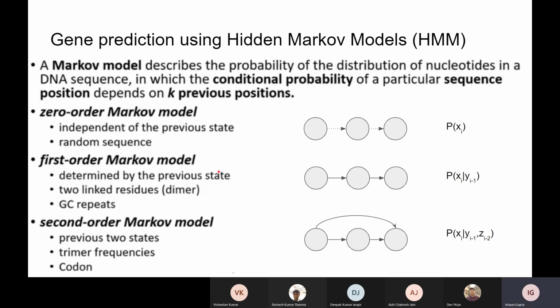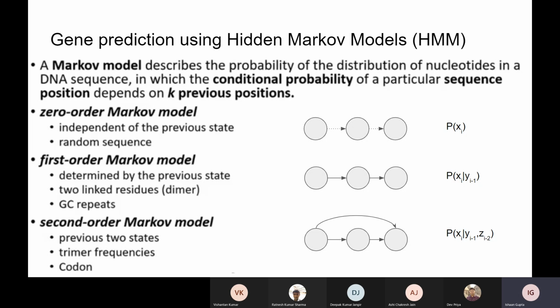So mathematically speaking, your zero order Markov model represents probability xi, where xi is each position and x is the value of the nucleotide that you find at that position. First order Markov model is xi given yi minus 1, where xi is the nucleotide found at the ith position and yi minus 1 is the nucleotide found at the I minus 1th position.